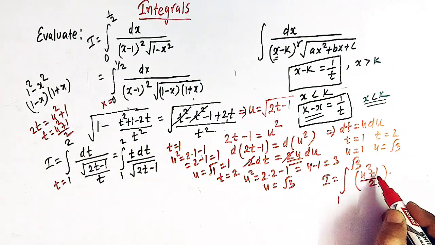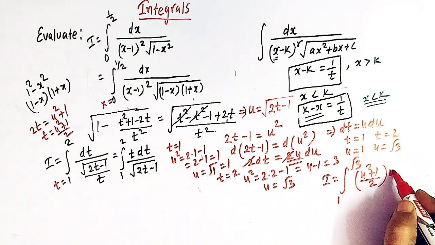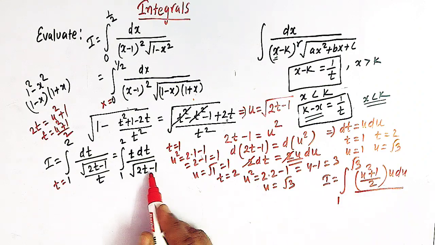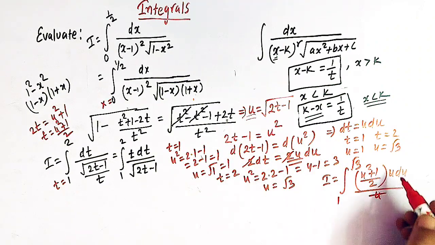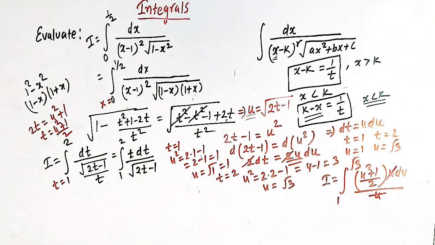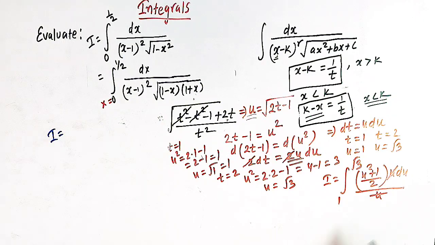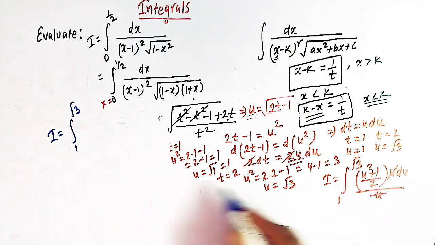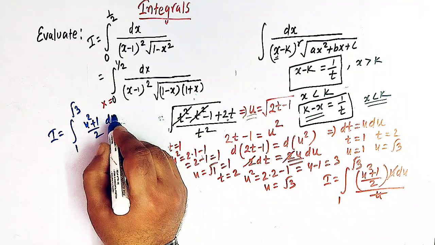So here we have (u square plus 1) over 2, and for dt we can now write u du, and here for square root of 2t minus 1 we can write u. So u and u get cancelled. So now we have I is equal to 1 to root 3, and here we are left with (u square plus 1) over 2 du.